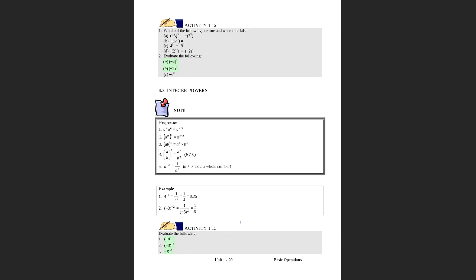You write 1 over -5 squared. Yes, good. Here you have to know that the square doesn't cover a bracket. The 2 does not affect the negative, it only affects the 5. So it's still correct.